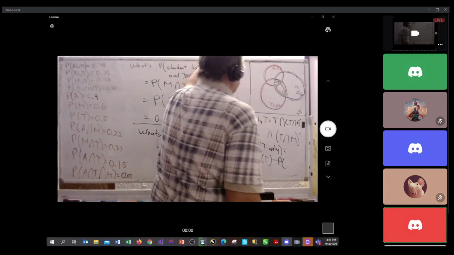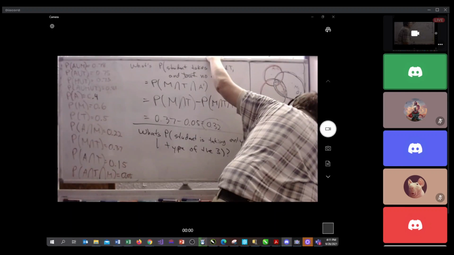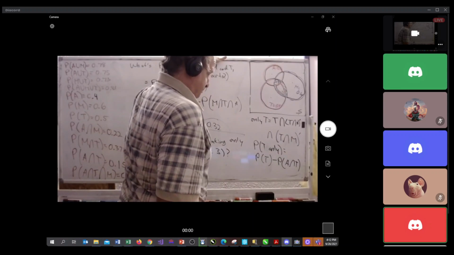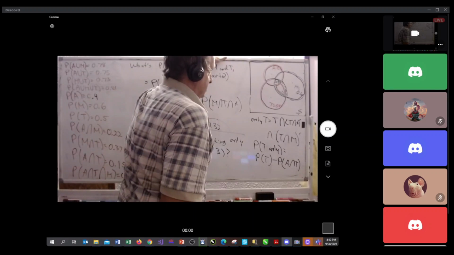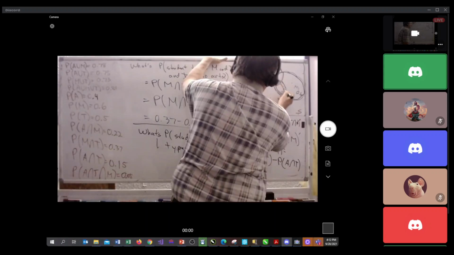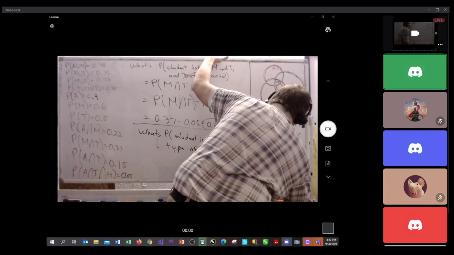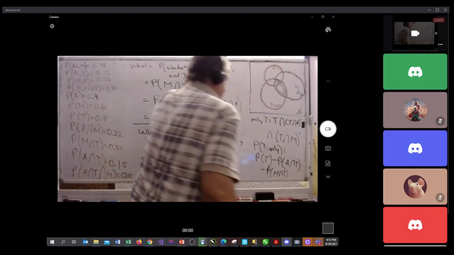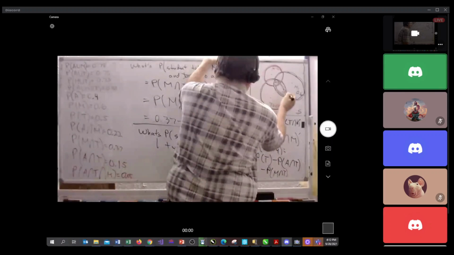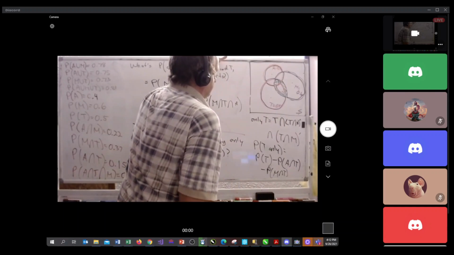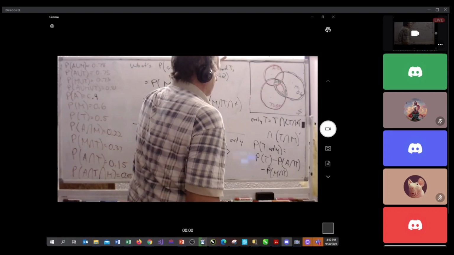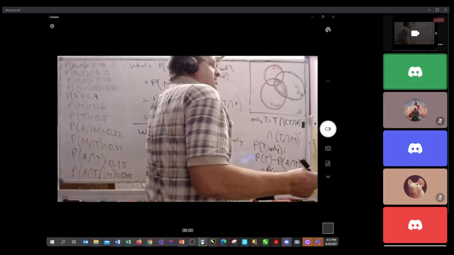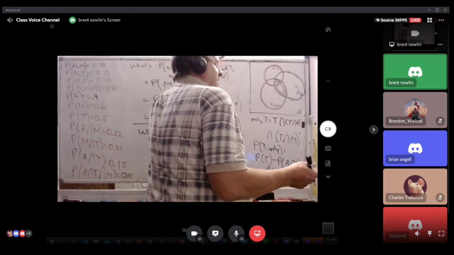A intersect T, probability of the intersection, right? And we also have to subtract out this football, don't we? So we subtracted out this football and we subtracted out this football. What's the problem? We took out the triangle twice. So we have to add the probability of the intersection of all three back in.